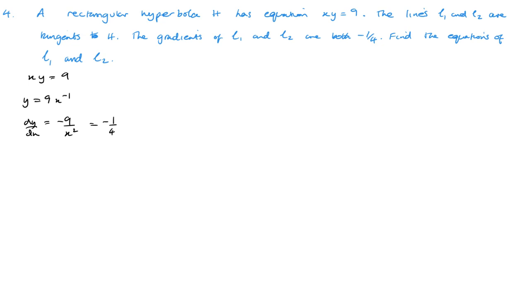So timesing by 4, we get 36. So minus 36 equals minus x squared. X squared equals 36. X equals plus or minus 6. Now, substituting that into xy equals 9.